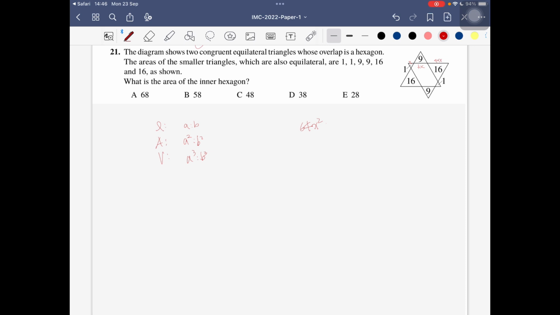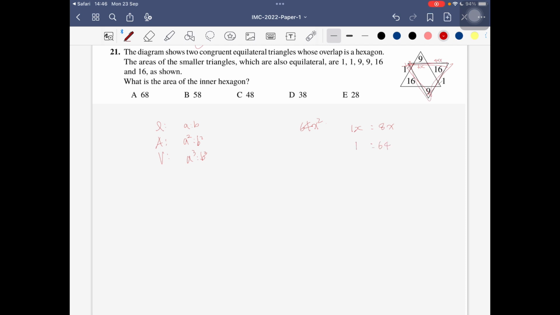But anyway, it's a 64 because now the x is not 1, but we can tell the shape. I will do it like this: 1x, 8x. So this is 1 and this is 8x. Then the ratio of area is 1 to 64.